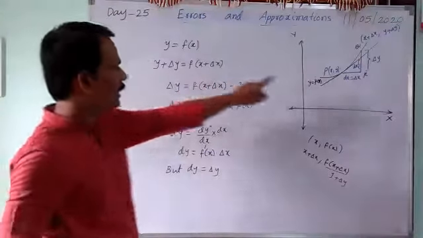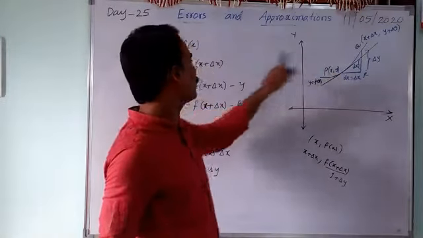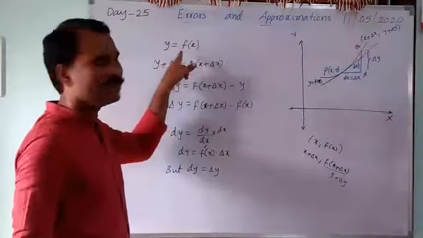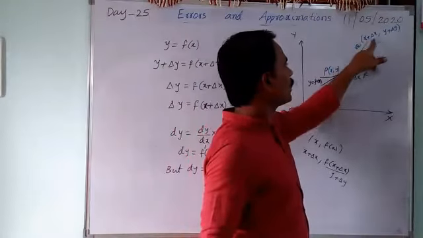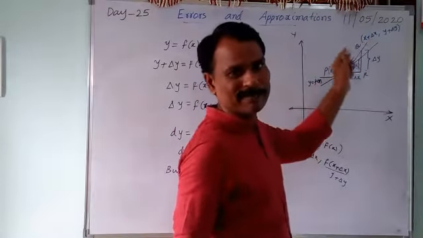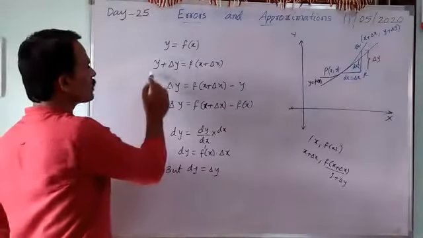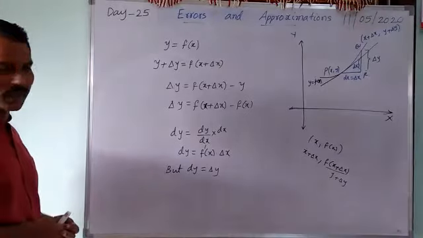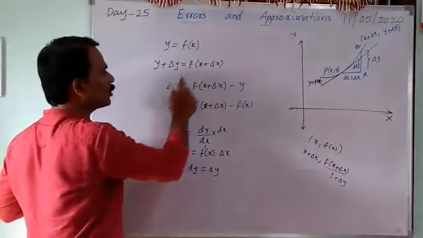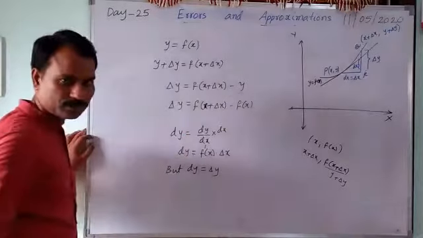How do you compare? For P of x comma y we write y is equal to f of x. In the same manner, y plus delta y is f of x plus delta x. Now y is transposed to the right side: delta y is equal to f of x plus delta x minus y.